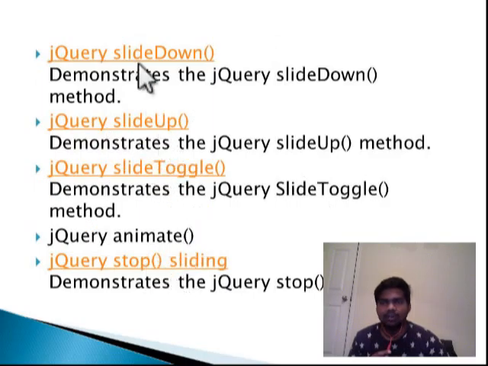Slide down is where, if you have to move a piece of an element to a position, instead of changing the whole script, you can just use this slide down query. Within the parentheses, you can put a value, which moves the element by that much.